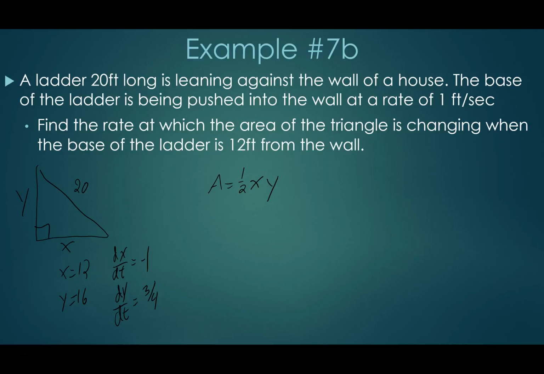So what we want to do here is, even though we have two variables, unlike example 6 with the cone, we have dx/dt and dy/dt. So there's no need to solve for one variable in terms of the other. I just take my derivative. So dA/dt is 1/2 times the derivative of x, which is dx/dt, times y, plus 1/2 x times the derivative of y, which is dy/dt.